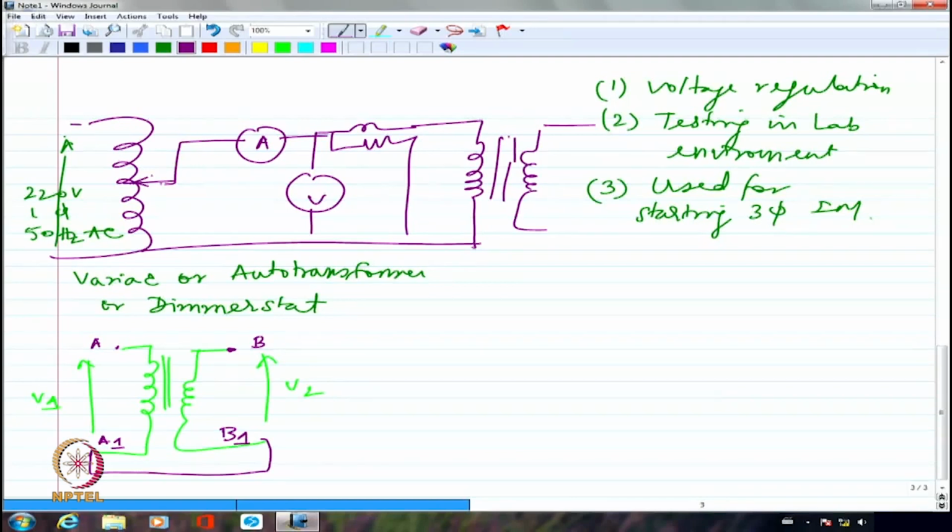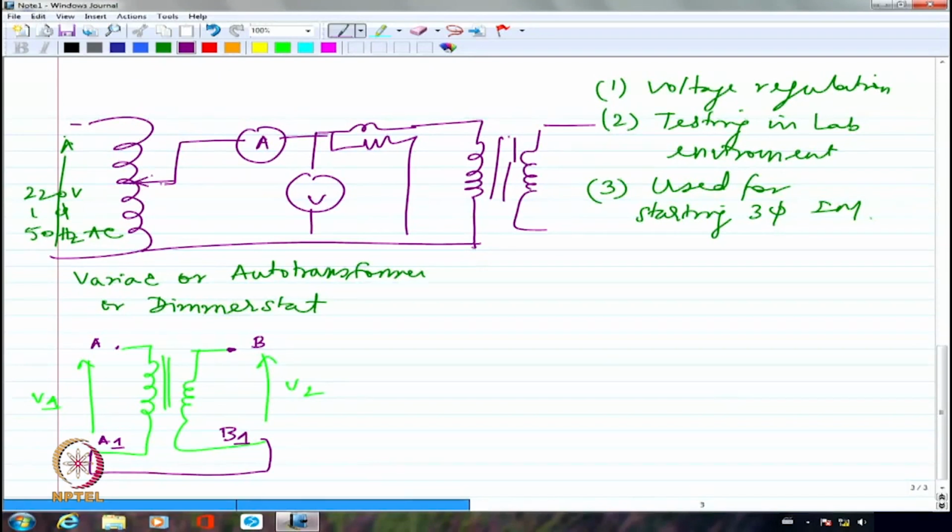And if I had wanted 2420 volts in the previous problem we discussed, I should have connected A1 and B1 together. Then I will get 2420 volts. Instead, if I had wanted 2200 minus 220, I should not connect A1 and B1 together.